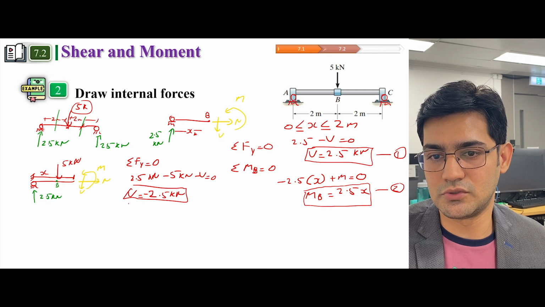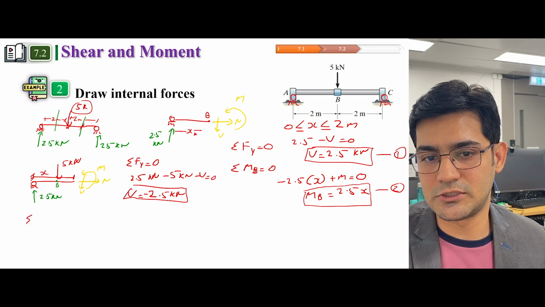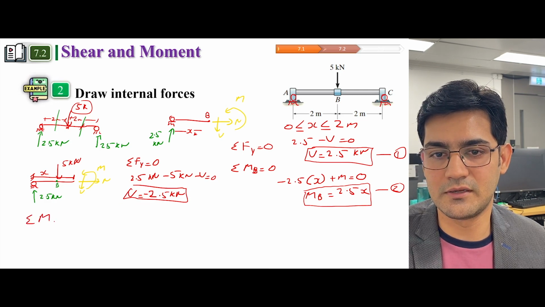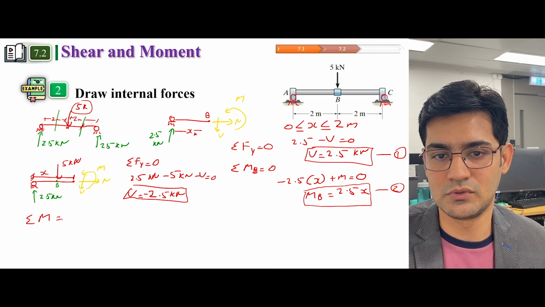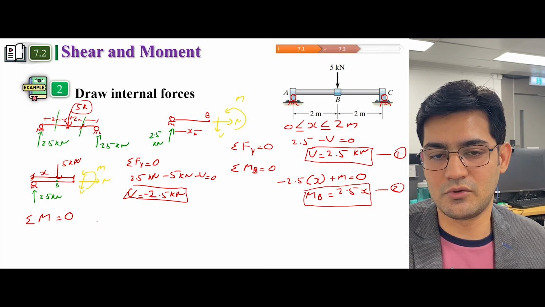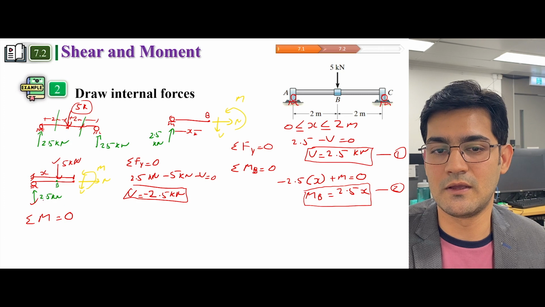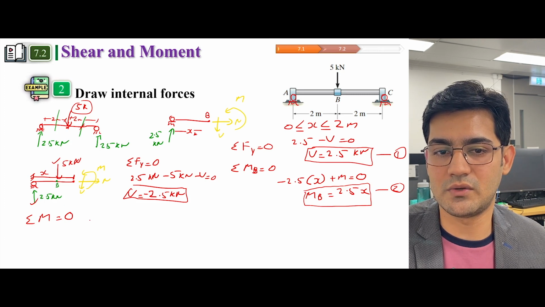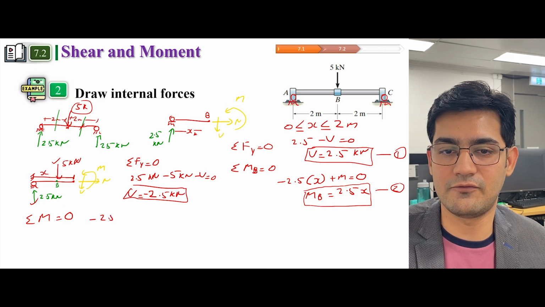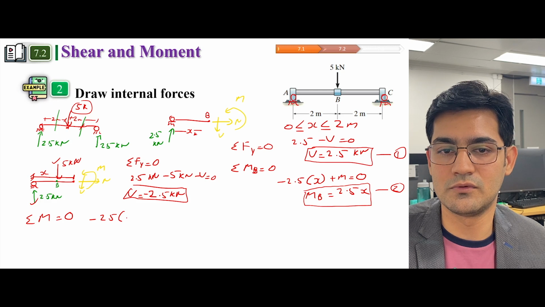Now if you do the summation of moment at this point equal to 0, you have two forces. This is clockwise, so it would be minus 2.5 into, what is the distance?